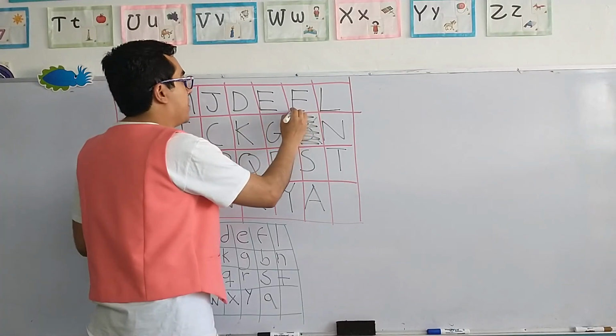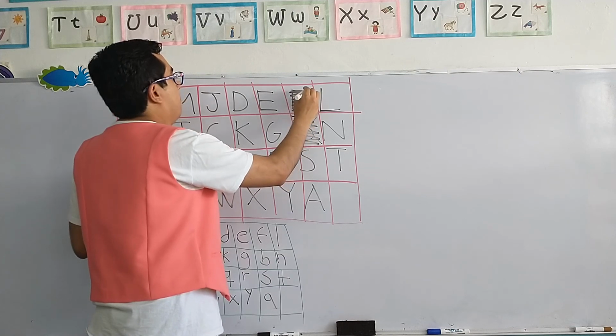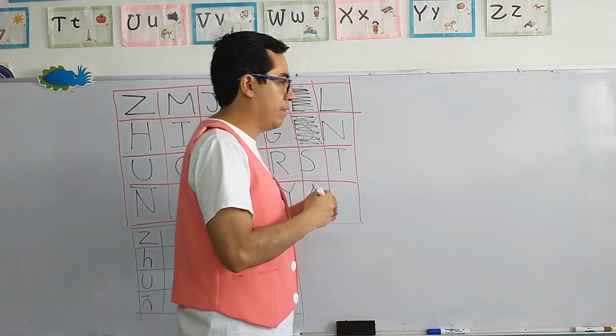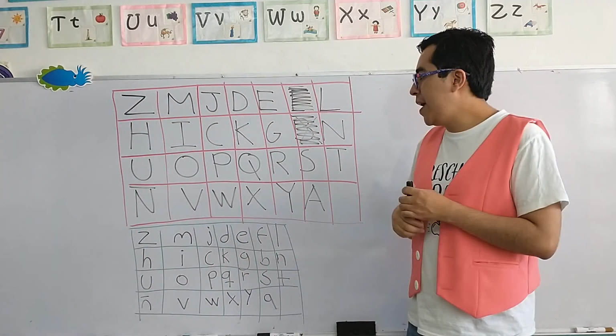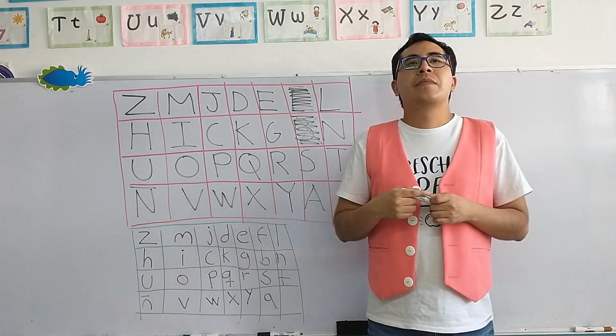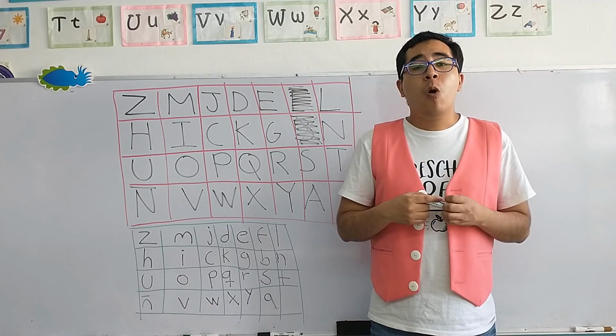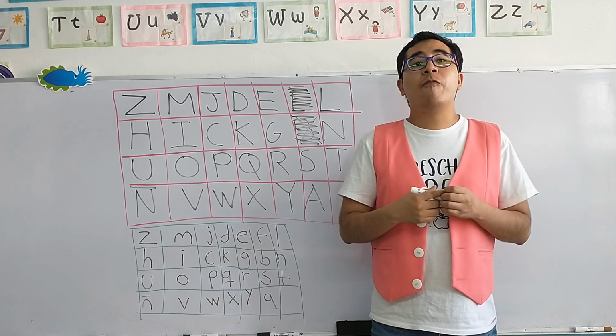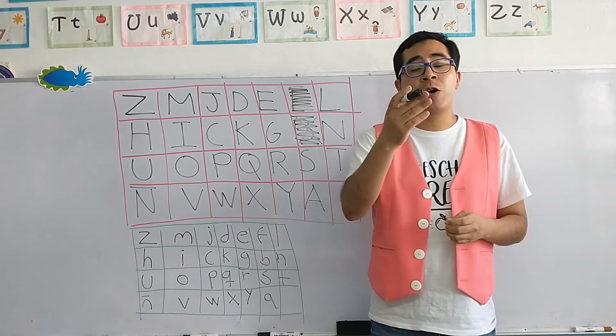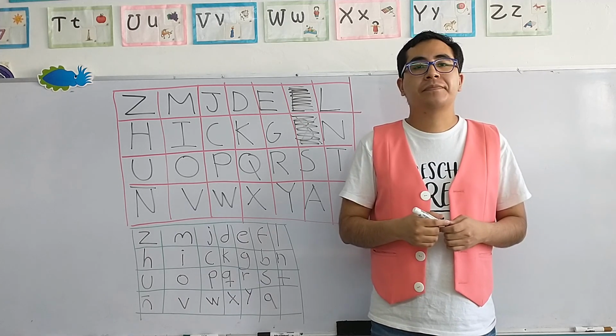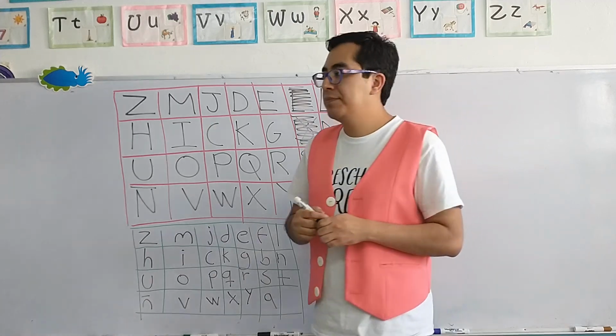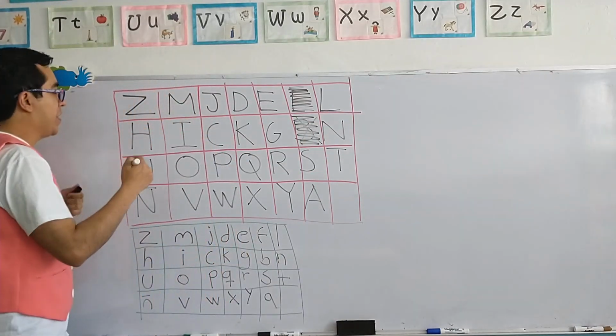Okay, right here, very good. Next letter. Capital O of opal, of octopus, of onion. Right here.